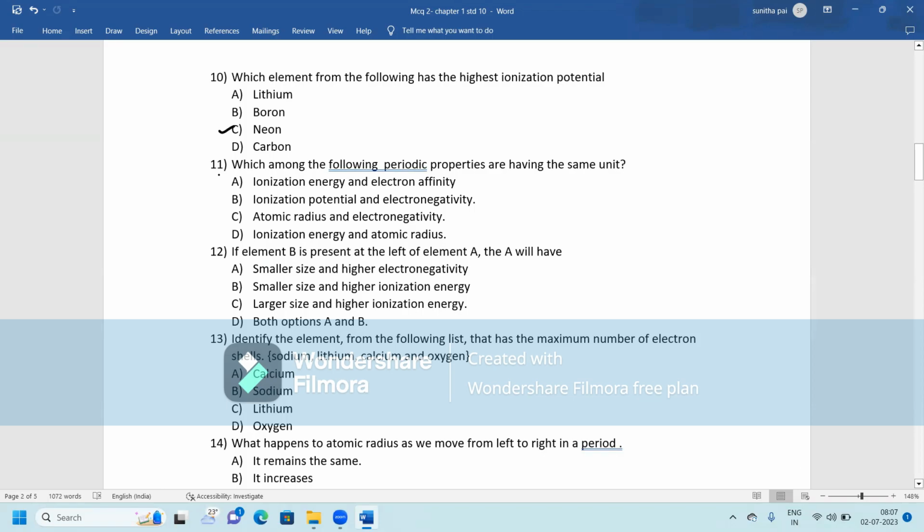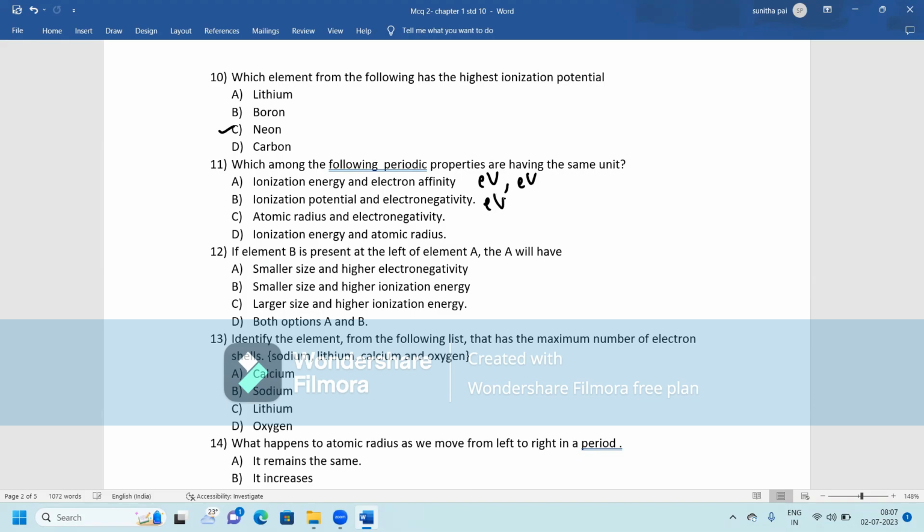Now, which among the following periodic properties are having same unit? So let us write the unit. Ionization energy, unit is electron volt, and electron affinity is also electron volt. Let's look at the other options.